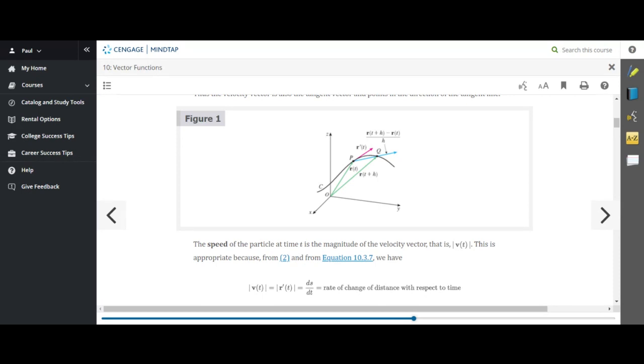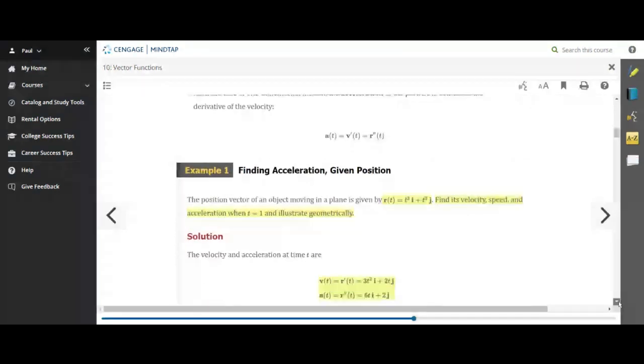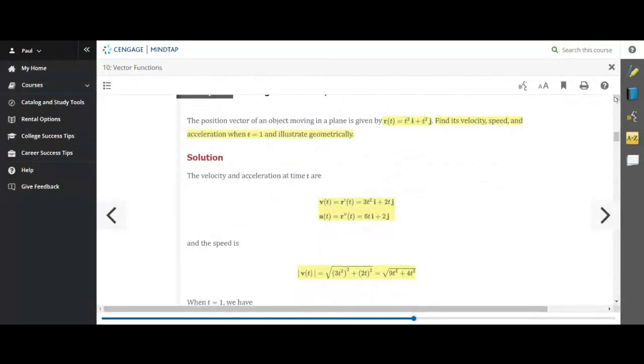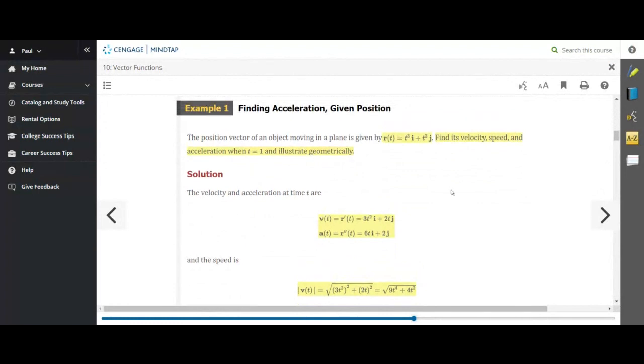Okay, very simple idea. In example 1, they say find acceleration given position. Here they have a position vector moving in a plane given by r of t, which has components t cubed and t squared.